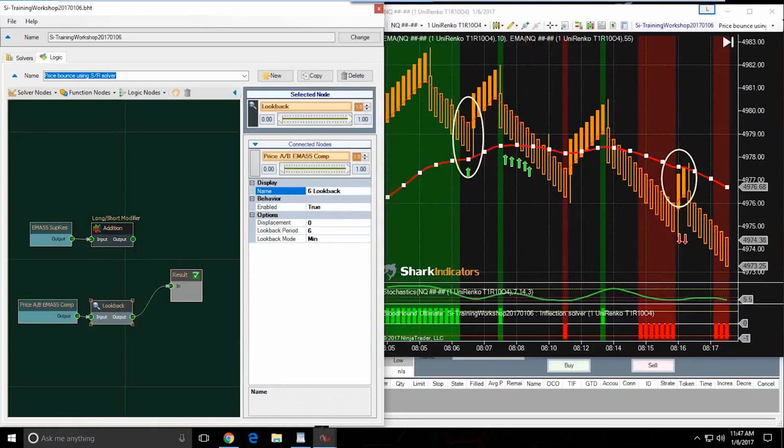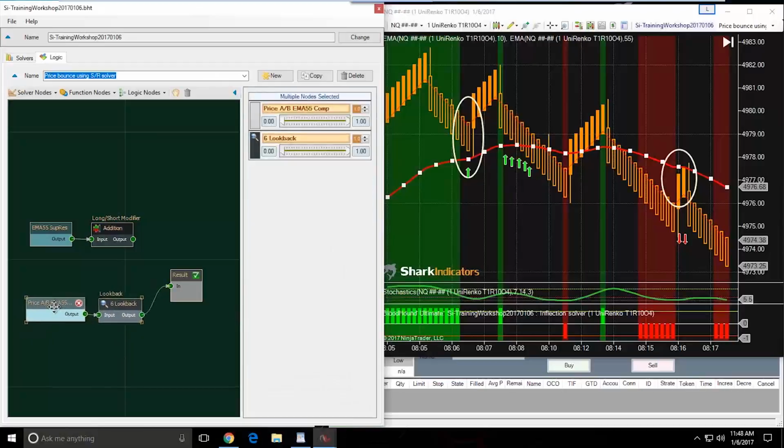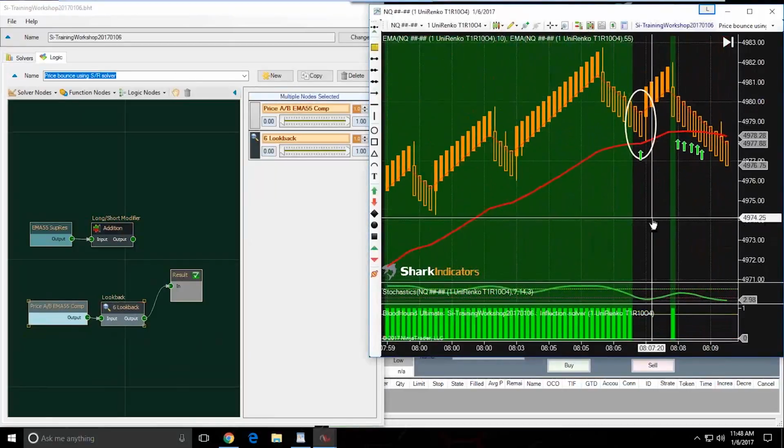Let me name this. We have a 6-bar look back. These two nodes together are building our trade direction, our trend direction detection logic.